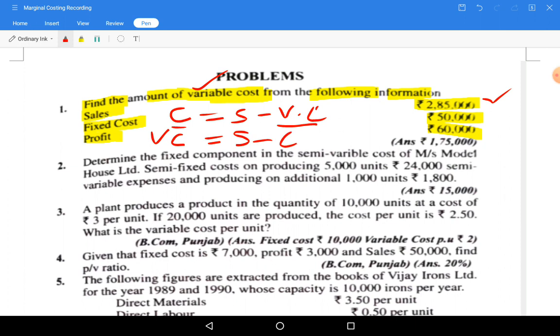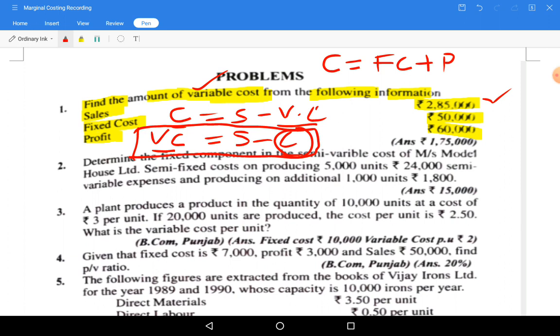Now, in a formula, if you don't know two things, can we go further? No. So we need to find out one more thing. One is variable cost, the other is contribution. We cannot get variable cost without contribution, so we need to find contribution. Is there any other formula for contribution? Yes: contribution is equal to fixed cost plus profit.